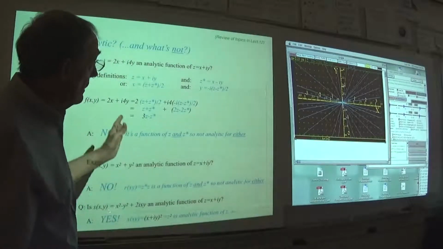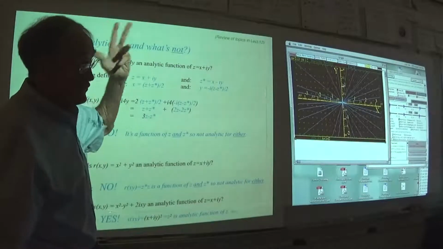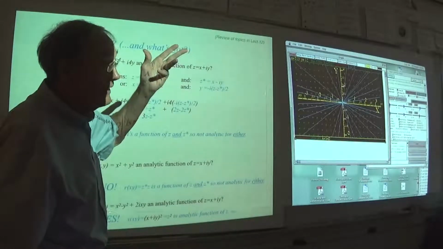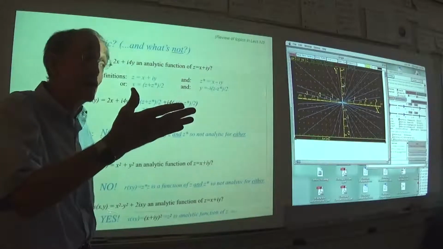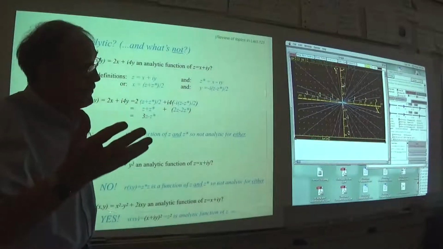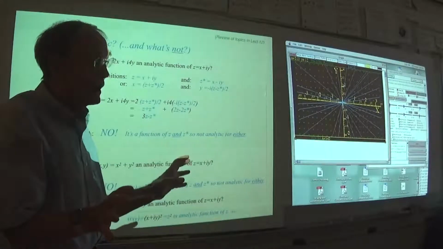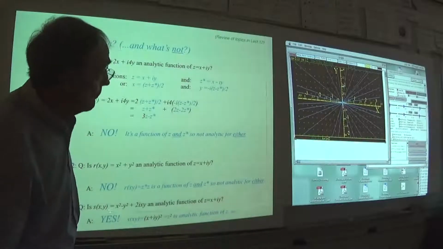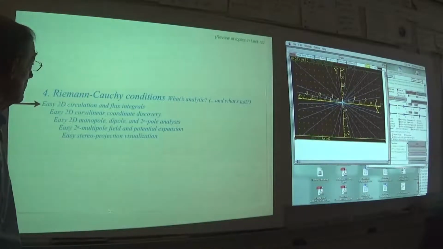Also, I mentioned it's not analytic if it's got a z and a z star. It's got to have one, say z, then it's analytic in z. Or it's got to be all z star, and then it's analytic in z star. You can have those two worlds if you want. And we are sort of working with the z-star world in everything we do.